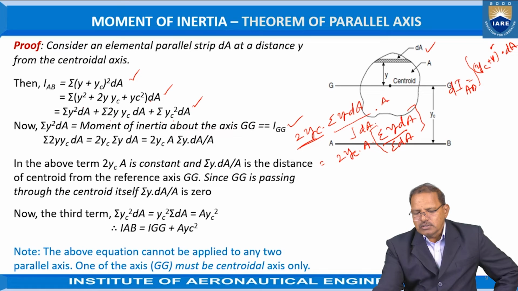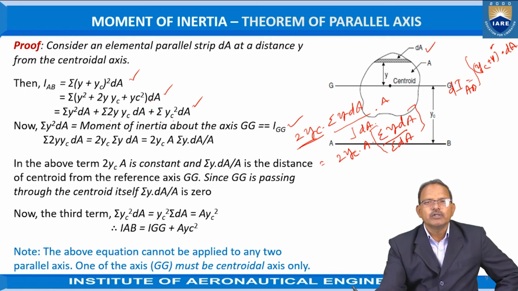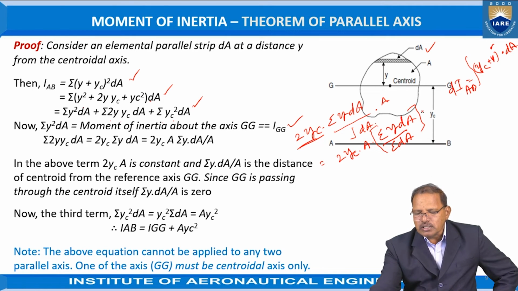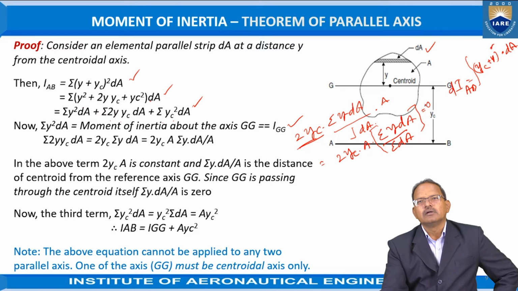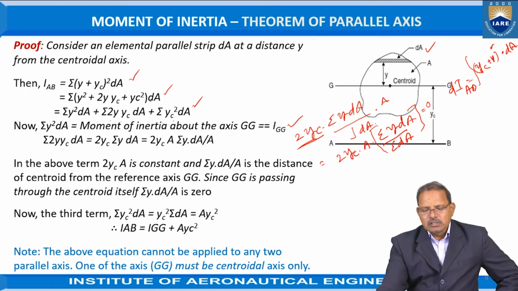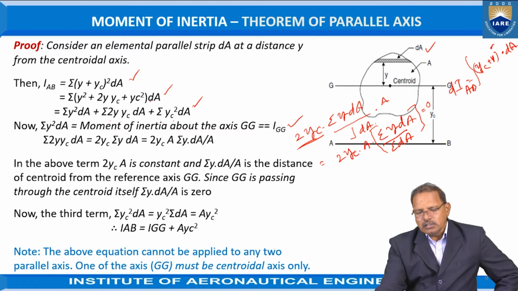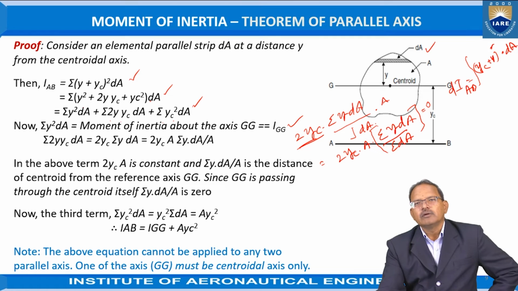That means sigma y dA divided by sigma dA, the position of the centroid with respect to the central axis, is equal to 0, according to the fundamentals of the center of gravity or centroid equations. Hence, the second term is equal to 0.